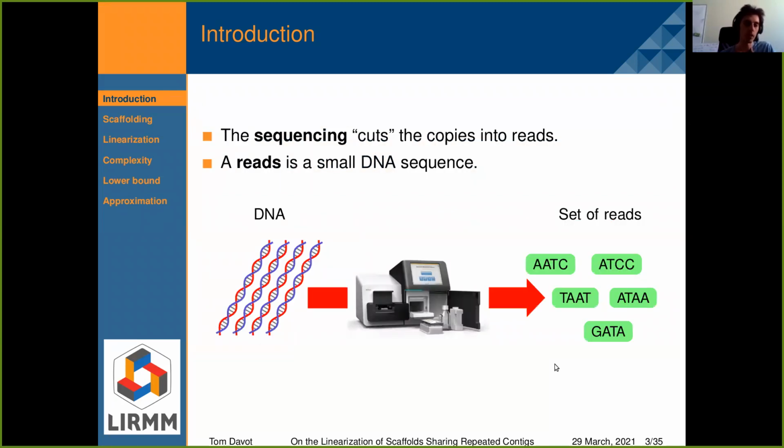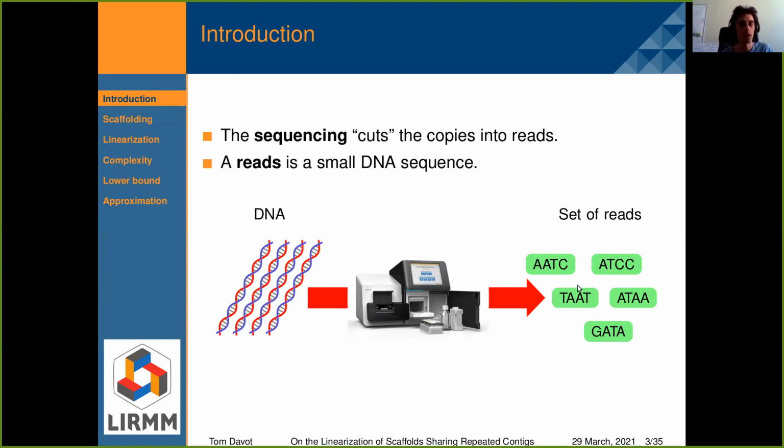Unfortunately, biologists do not have a device to observe the nucleotides in the DNA directly. So they have to put the DNA into a device called a sequencer, and this sequencer cuts the DNA into small sequences called reads.